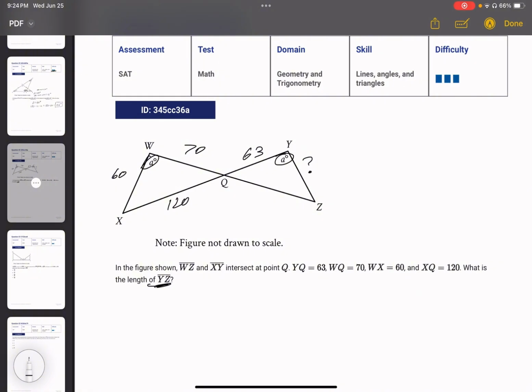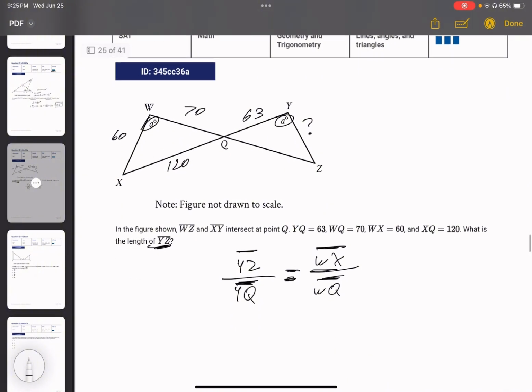If we're looking for line YZ, so line YZ over line YQ. So this line over this line is going to be proportional to line WX over line WQ.